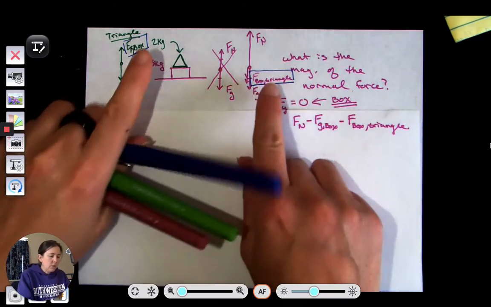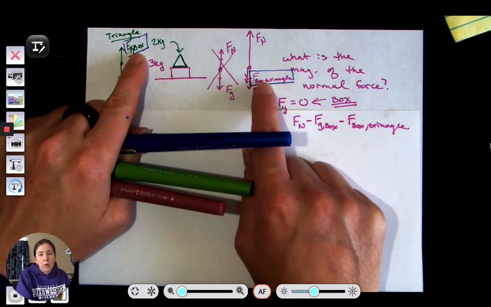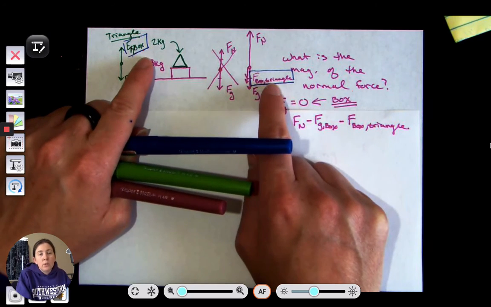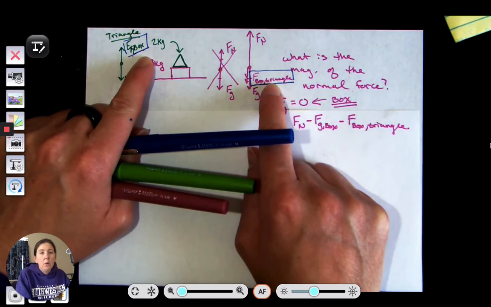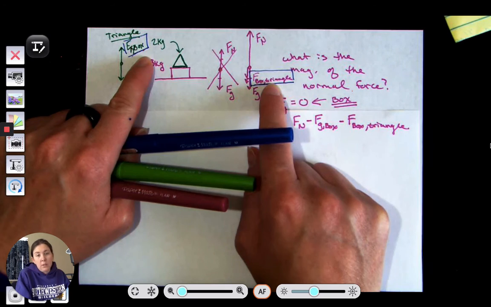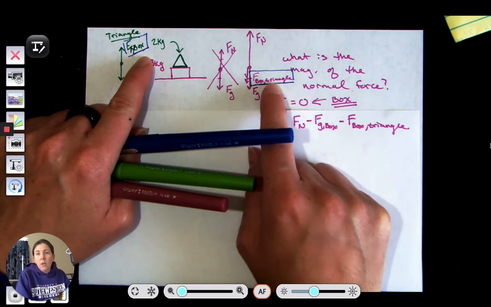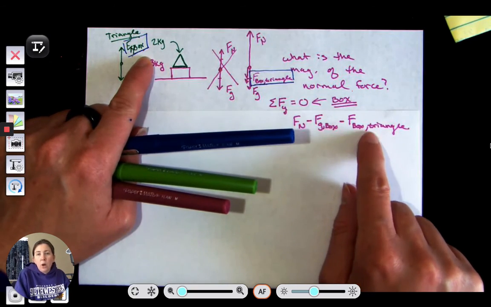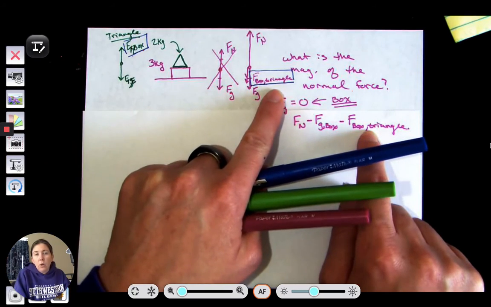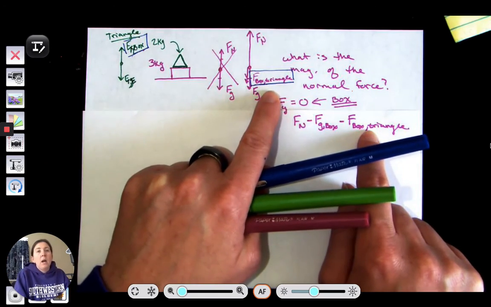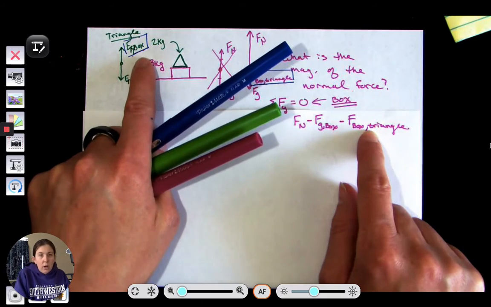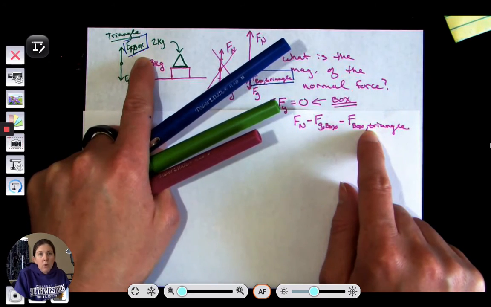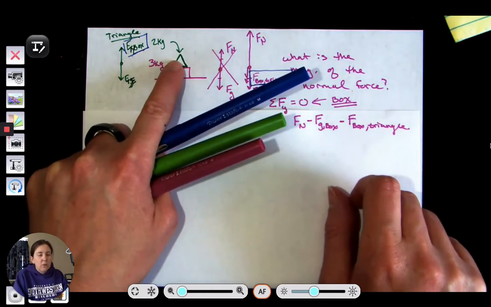That means that these two forces are third law pairs, that these two forces are going to be the same size, but opposite in direction. Okay, so how big is this force on the box by the triangle? Well, it's going to be the same as the force on the triangle by the box, and the triangle isn't moving.